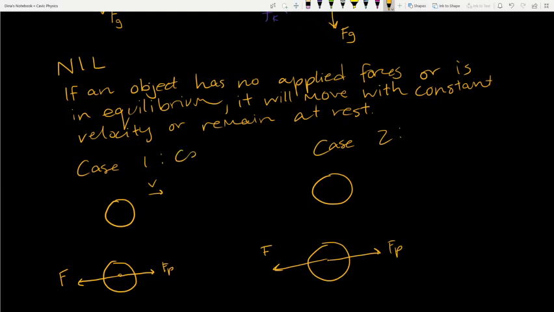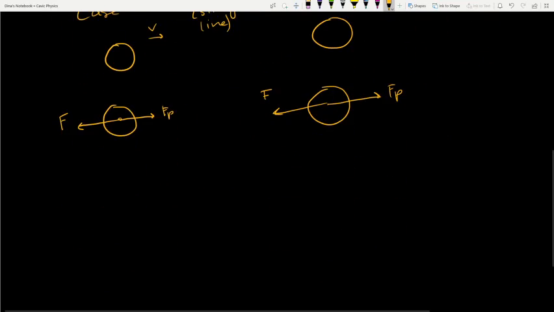So this is constant velocity, which means straight line, same speed, or it can remain at rest with 0 velocity. Either one. A lot of people forget about case 1. If you have an object, for example, you're pushing a box across the floor.